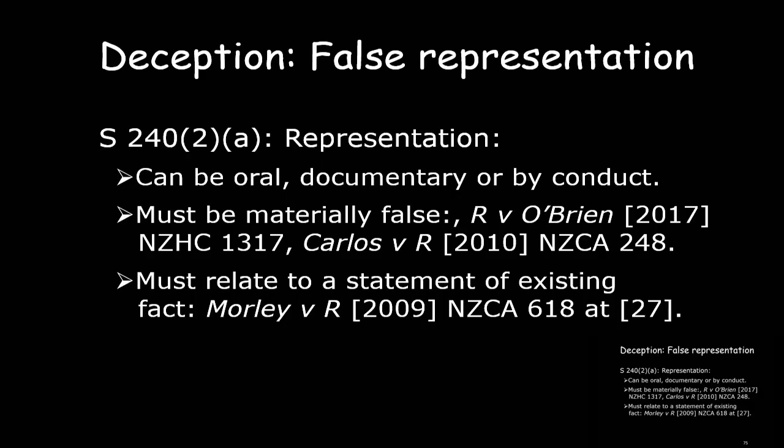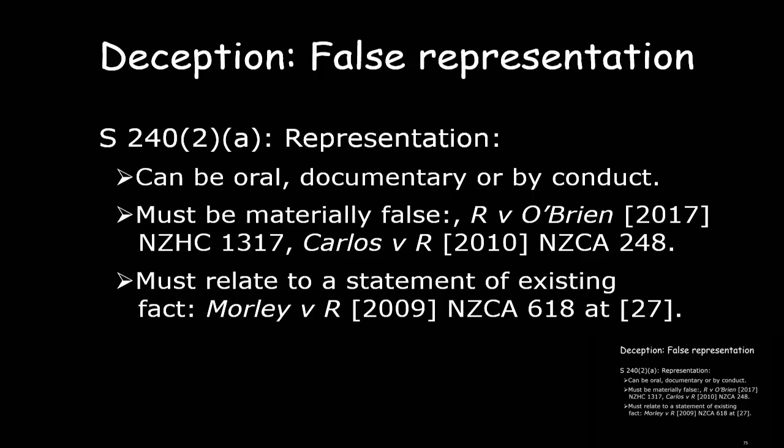Now, when we look at a false representation, as you can see from the words of the section, it can be oral, documentary, or by conduct. So in other words, you can speak it, it can be on the written page, or you can imply it by your behaviour. And it's got to be materially false.